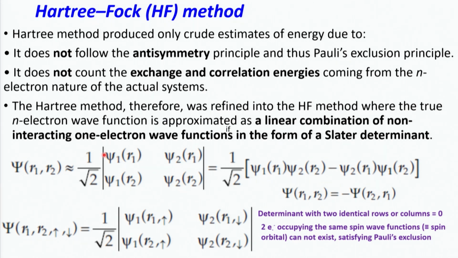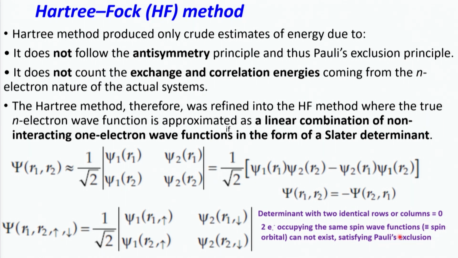Okay. So you can see that if we just interchange the positions of two electrons, we get the negative sign of the wave function. At the same time, a determinant with two identical rows or columns is 0. So if two electrons occupy the same wave function, it becomes 0, that means it does not exist, and this ultimately satisfies Pauli's exclusion principle.